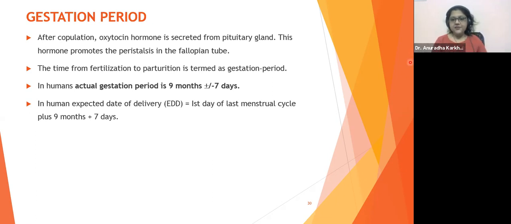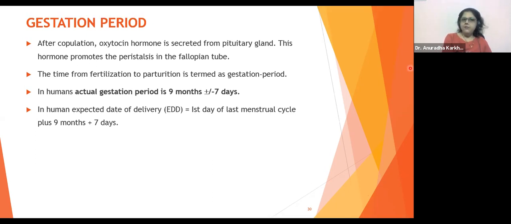Beta, understand this. EDD कैसे calculate करना होता है? It's very simple, but see, first day of last menstrual cycle plus 9 months plus 7 days. So suppose if a female had her menstrual cycle on 1st of July, correct?